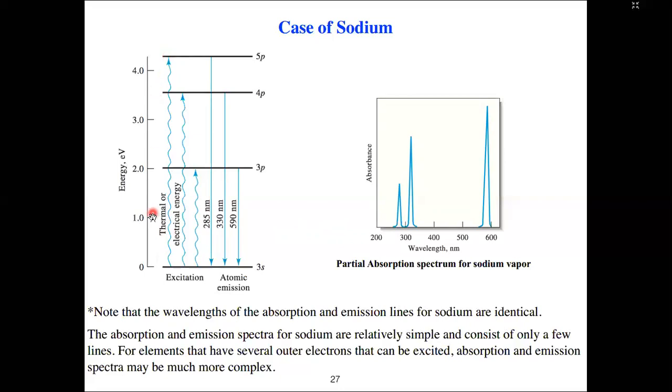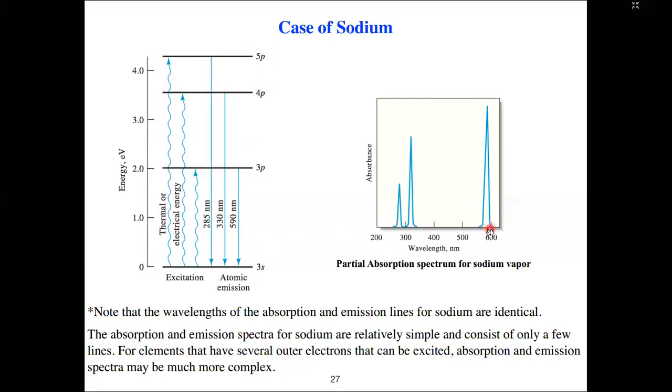When it absorbs, that is the absorption technique, where you measure what wavelengths are absorbed. However, when it is in the excited state, it can also come back to ground state by emitting the same amount of energy, and that is emission.